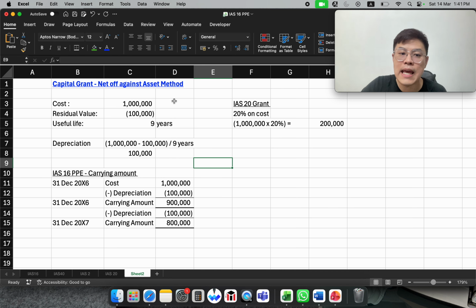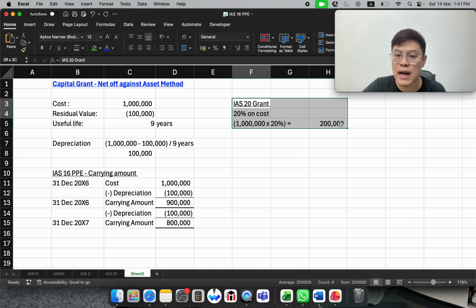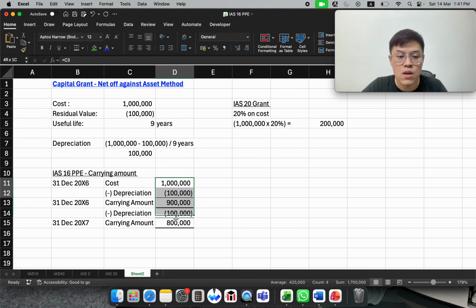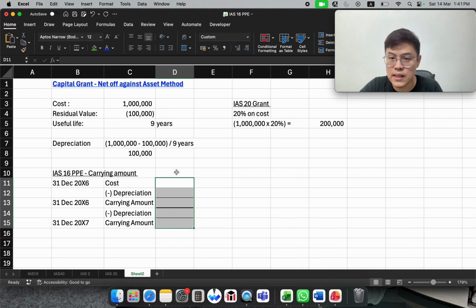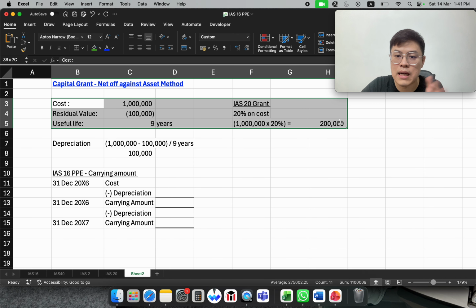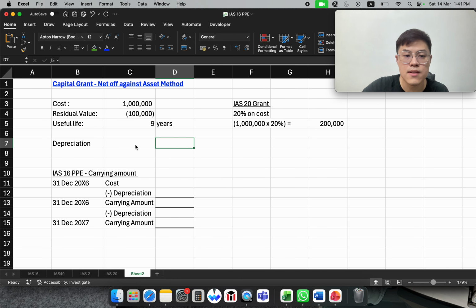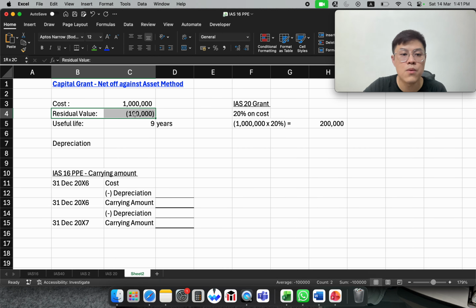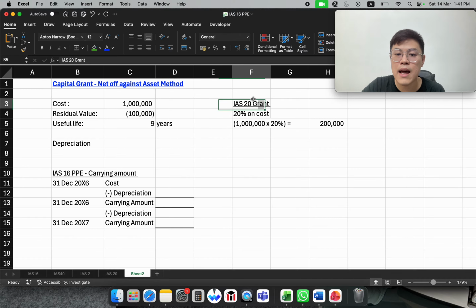For the net off against asset method, assuming we haven't acquired this PPE yet and that everything happens in the same period, before we calculate the depreciation, it is still the same example: cost is 1 million, residual value 100k, useful life 9 years, and the grant is 200k.